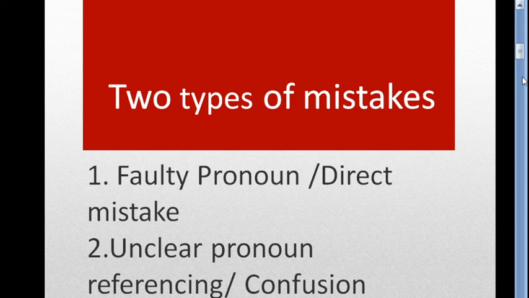Number 1 is faulty pronoun or direct mistake. We can say it direct mistake. Number 2, unclear pronoun, or we can say it confusion. If you know these 2 types of mistakes, you can very easily find where the pronoun is used in a wrong way.